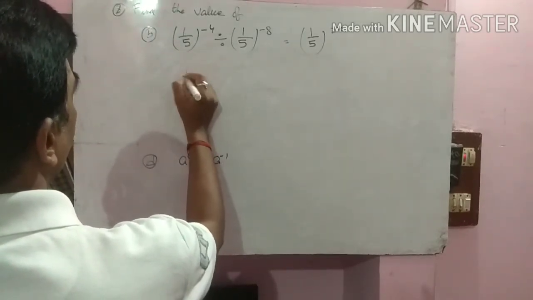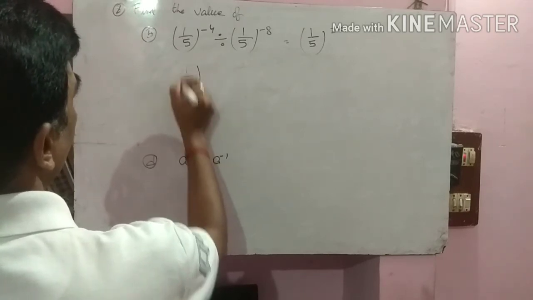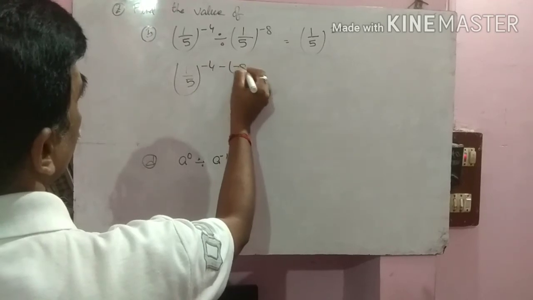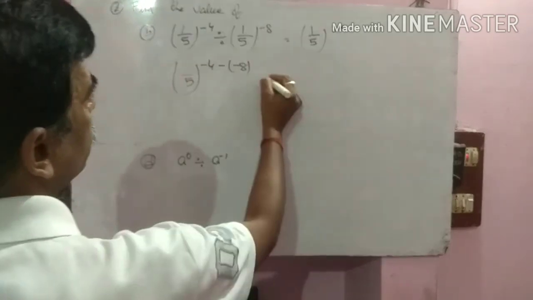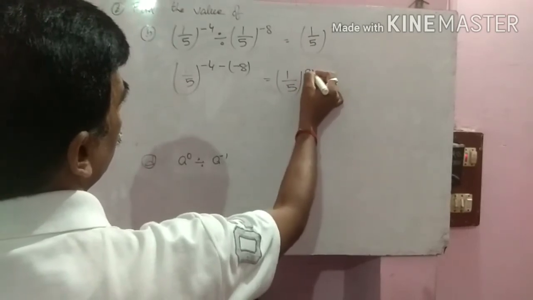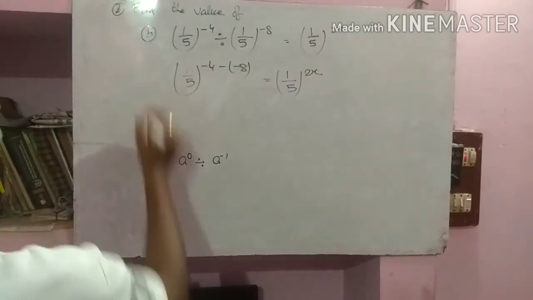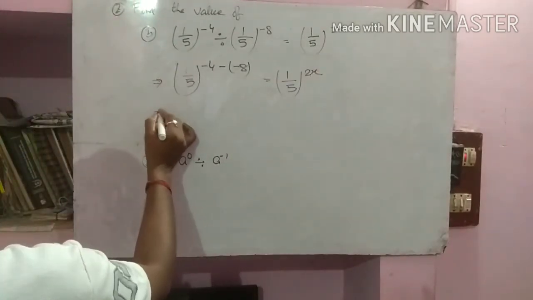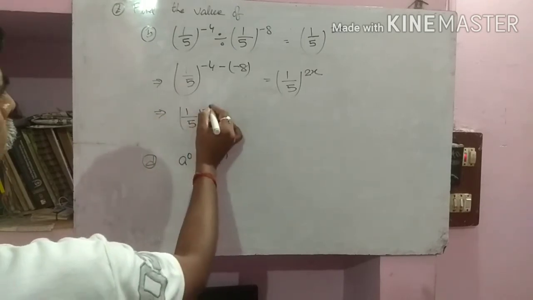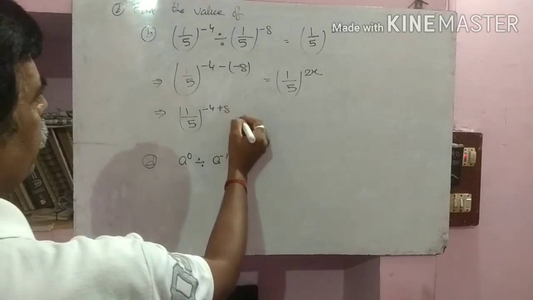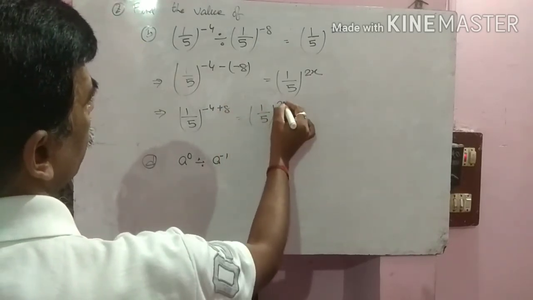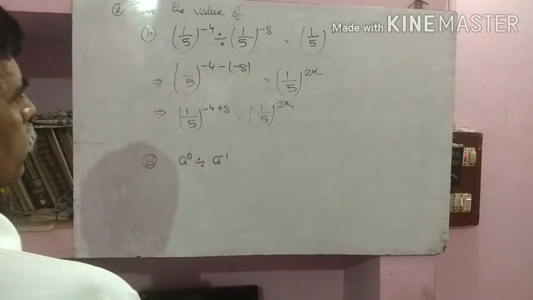This becomes 1 by 5 to the power minus 4 minus this one, which is equal to 1 by 5 to the power 2x. Okay, so it becomes 1 by 5 to the power minus 4 plus 8 equal to 1 by 5 to the power 2x.